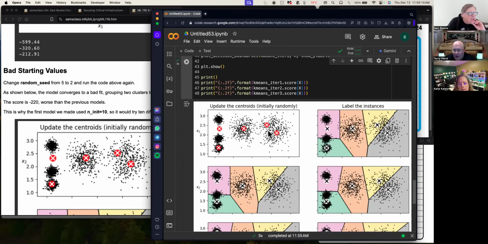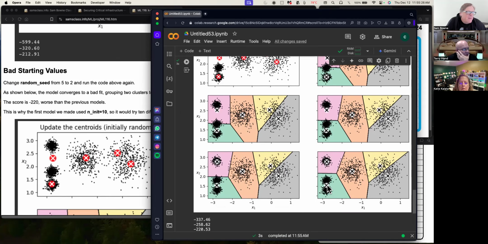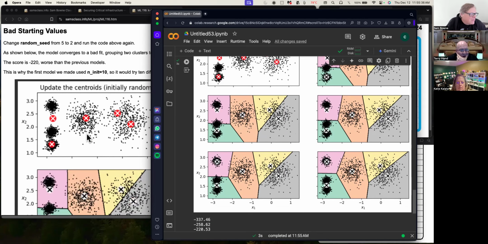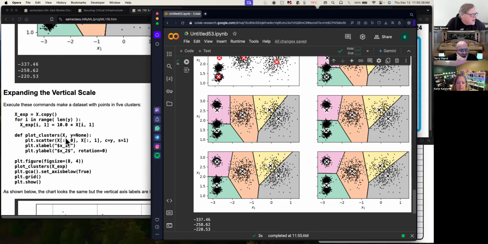If it's really, really wrong, like putting 3 of them over here and only 2 over here, then it never figures out what's going on. It splits this one in half and it combines these 2 into 1. So you get a bad result like this that didn't really sort them. That can happen if you have an unlucky start. So by default, the algorithm tries 10 random starts and goes with the one that gets the lowest error. That's one way to go.